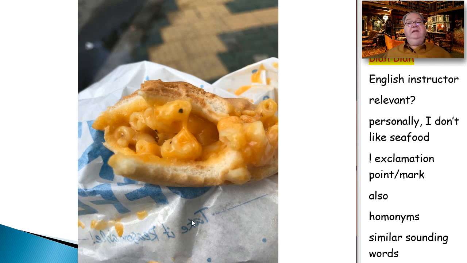It wasn't the best macaroni and cheese, but it was all right. It was a little chewy, though, because what they did was they put the entire thing in the microwave oven, and so the bread kind of turned into rubber. Bread doesn't work very well in microwave ovens, but it was okay.